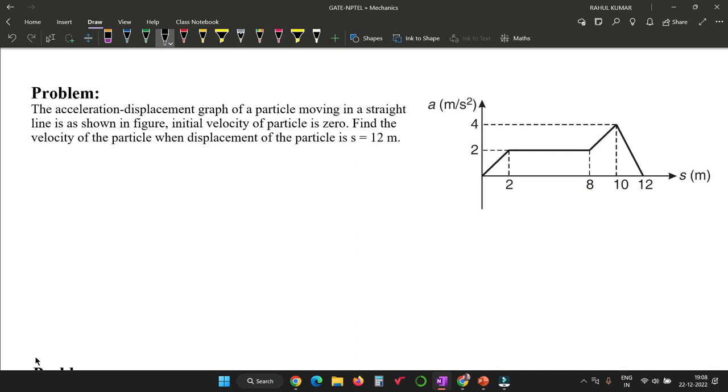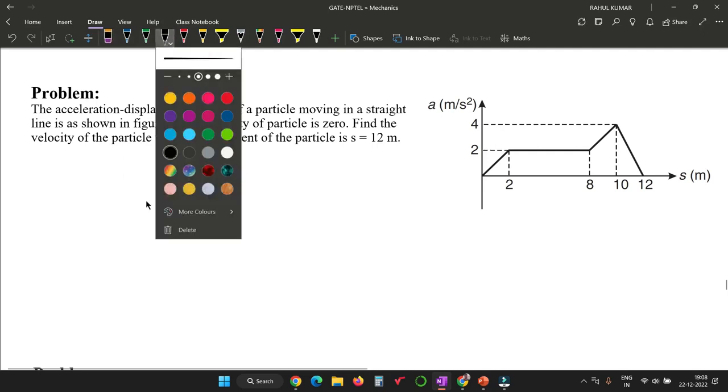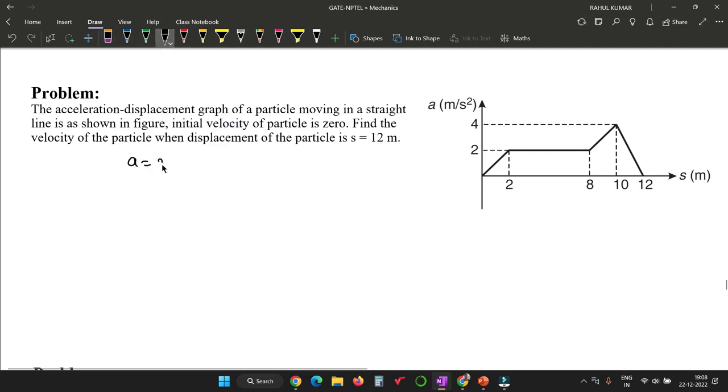I will explain. Here we already know that there is one more relation, a equal to v dv by dx. Am I right? In this case it is a equal to v dv by ds.